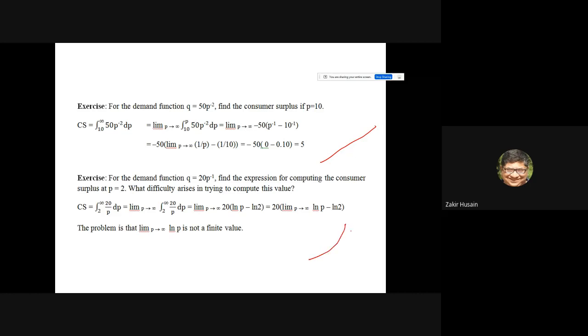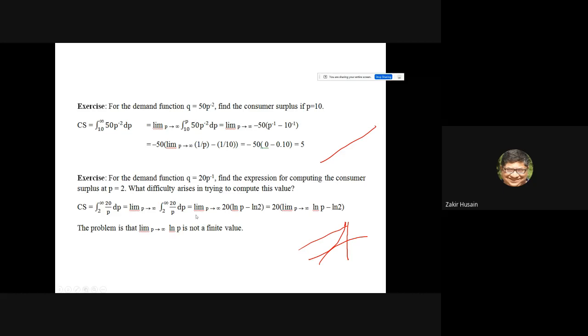See, if it was like this, then there's a limit. But if it is just going on increasing like this or like this, there are no limits. As you go on increasing P, log P is going to go on increasing indefinitely. It doesn't approach any value. It doesn't have any limiting case.